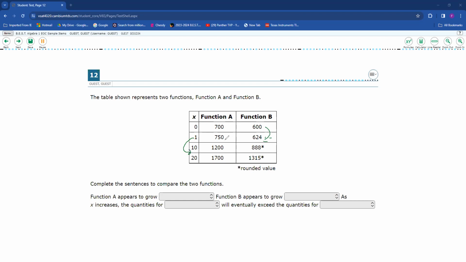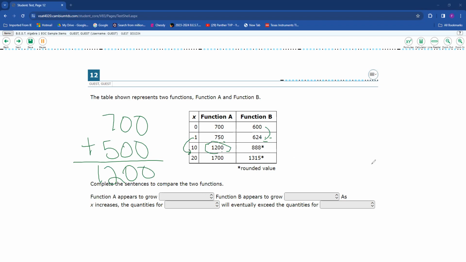Plus 50, plus 50, plus 50. In other words, 10 times 50 is 500, and 700 plus 500 is 1200. So that's what 10 says, 1200. So that's linear when you're adding the same amount.